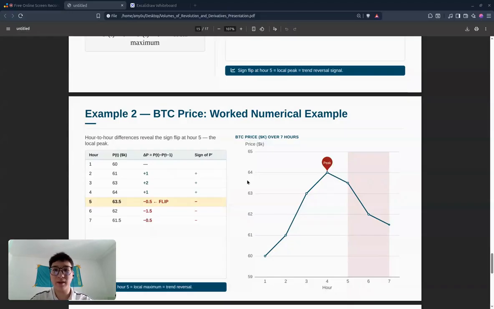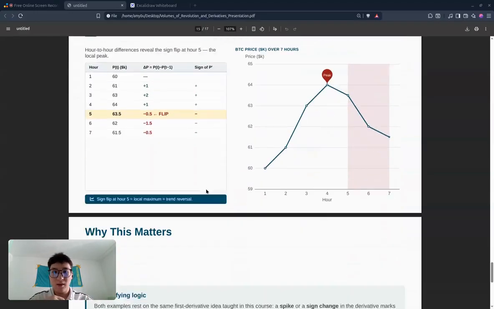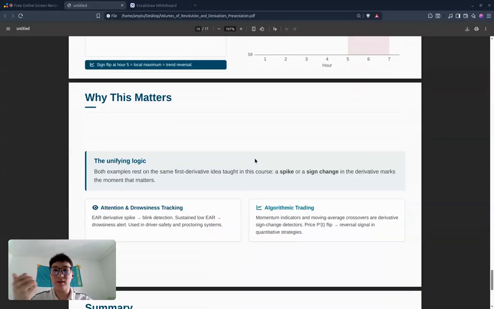And the same idea, tracking price derivatives and watching for sign changes, is behind the momentum indicator and moving average crossovers in real systems. So I want to sum up and tell you why this matters in the real world. Both examples use the same idea from this course.